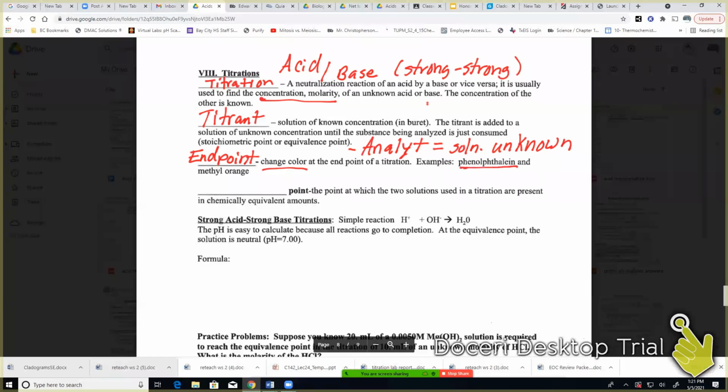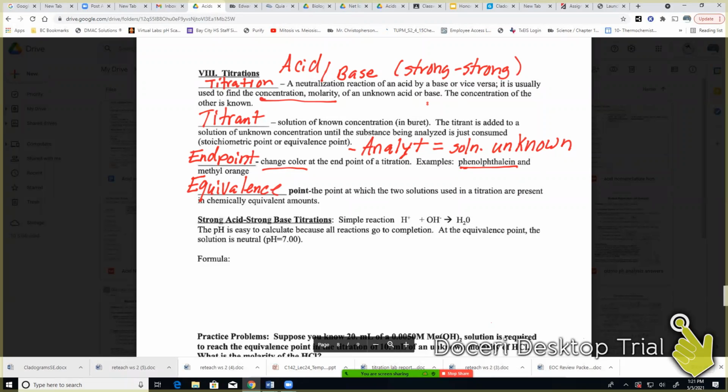Phenolphthalein is really common. It's clear, and then it will turn pink. I think they give you 3 to choose from tomorrow. Methyl orange will go from orange to a navy blue, but they change color whenever that hits a certain pH, and that tells you that you need to stop the reaction, because you have hit what is called the equivalence point.